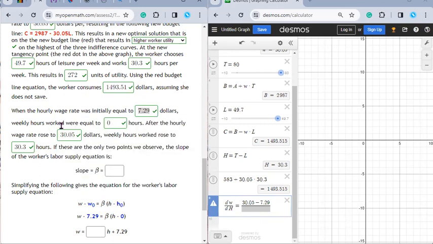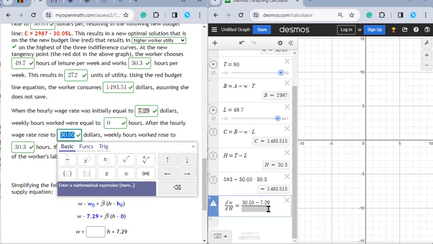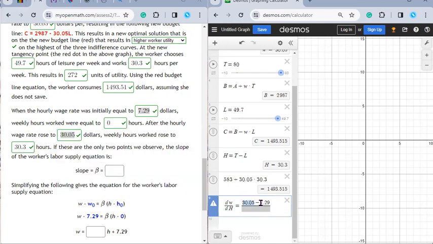This is what it was, and this is what it is, minus was. The is and was are the hourly wages before and after. At $7.29 per hour, the person worked 0 hours. At $30.05, the person works 30.3 hours, right?